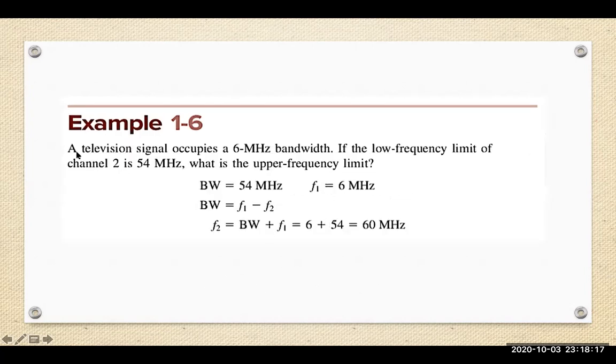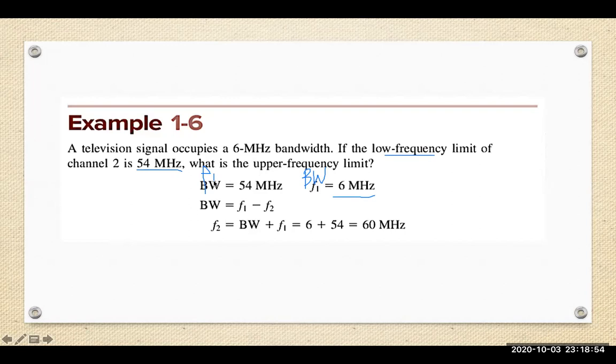The next problem: a television signal occupies a 6 megahertz bandwidth. If the low frequency limit of channel 2 is 54 megahertz, what is the upper frequency limit? So we have the bandwidth equal to 6 megahertz. I think we need to correct this one. The 6 megahertz here is the bandwidth, and the lower frequency limit should be f sub 1.